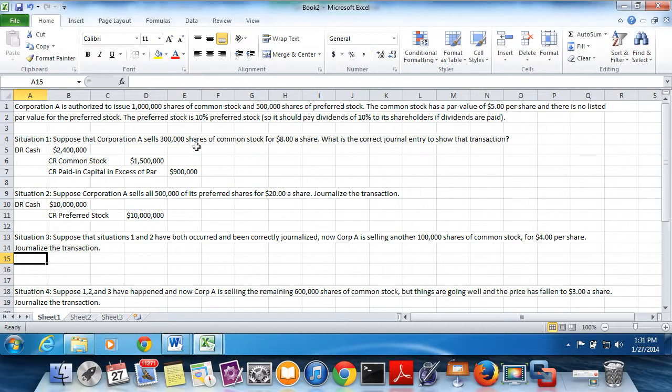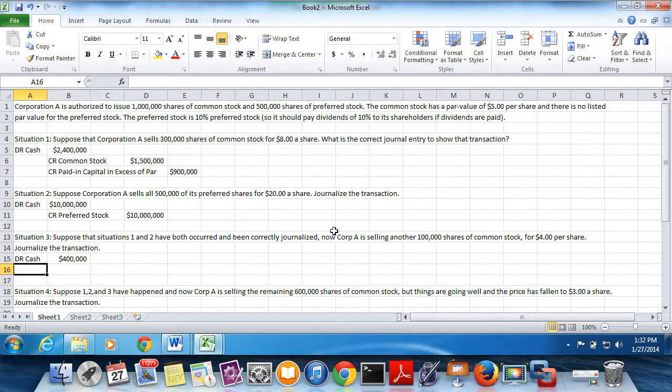We've sold 300,000 here, so we have another 100,000 that we're going to sell for $4 per share. Since the par value is $5 per share, this is going to be a sale below par value. So we again have a debit to cash for the entire amount of the sale, 100,000 times $4 per share, and that gives us cash of 400,000.